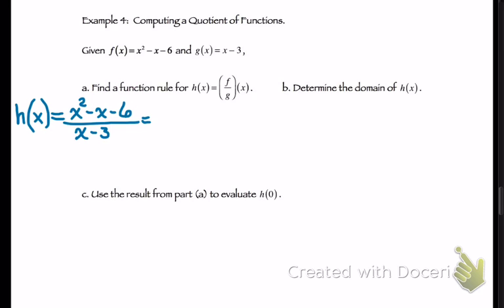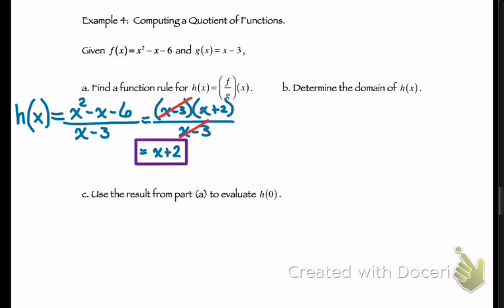What are they? You better be able to say at this point they are -3 and +2. What can I do from here? Notice that I can cross out that x minus 3. My new function rule is simply x plus 2.